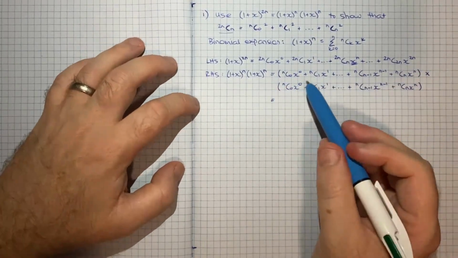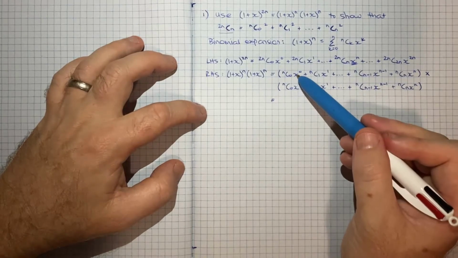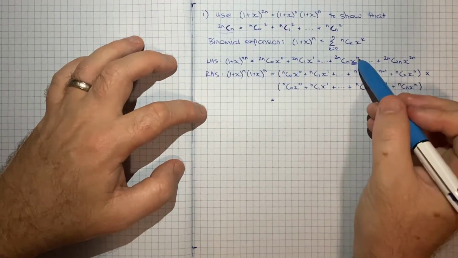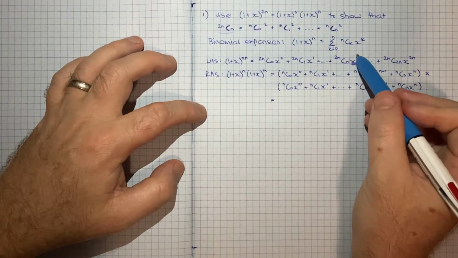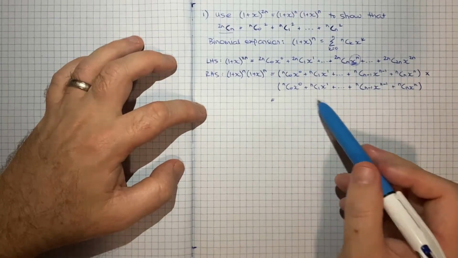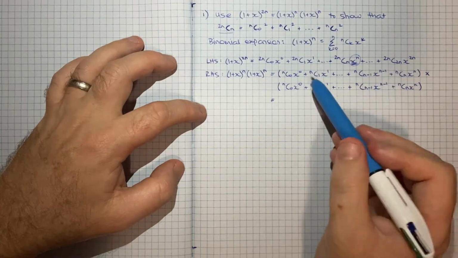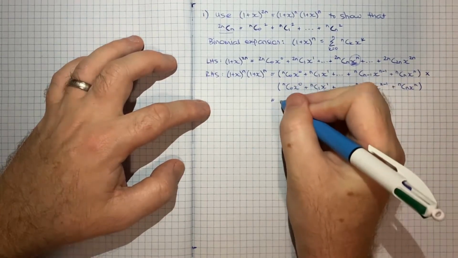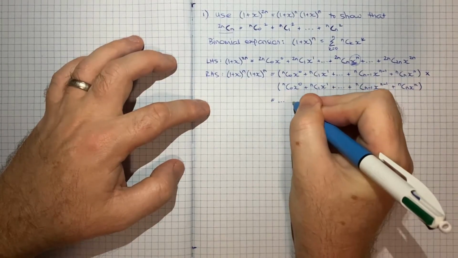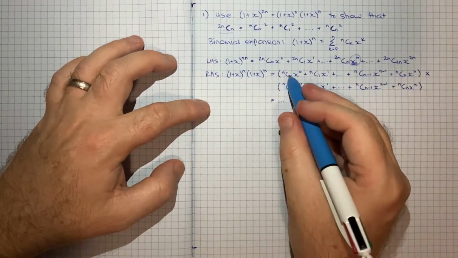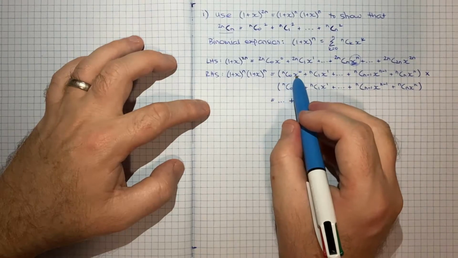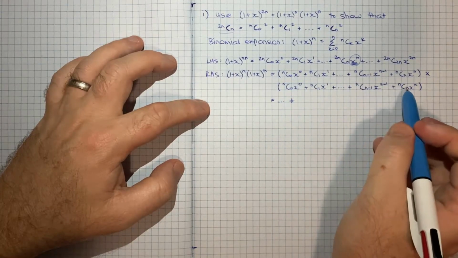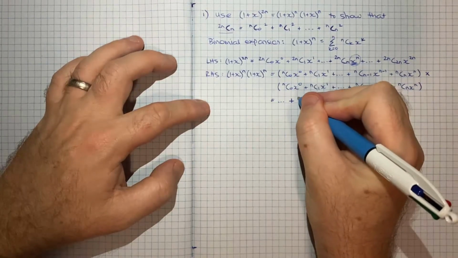And technically what we need to do is multiply each item by every other item to expand this. But because we're only focused on what's in front of x^n, we only need to write out those items that are going to result after multiplication in x^n. So we'll have a whole bunch of items, and then we'll get up to nC0 x^0, which will eventually get multiplied by nCn x^n.